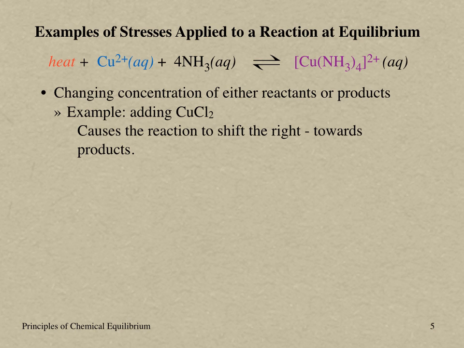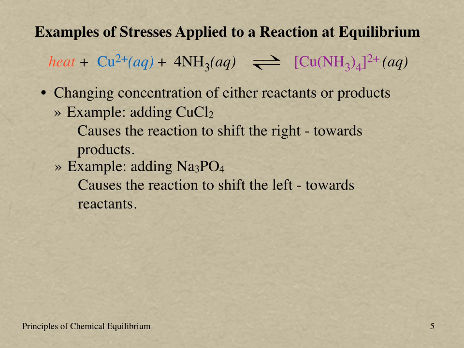Concentrations continue to change until the forward and reverse reaction rates are equal and the numerical value of the equilibrium constant KEQ is reached. If solid sodium phosphate is rapidly dissolved in the reaction solution, the Cu2+ ion is removed from the reaction by precipitating as copper phosphate. Hence, it can no longer react with NH3. The reaction shifts to the left, reducing the concentration of copper-amine complex and forming copper ion and ammonia.